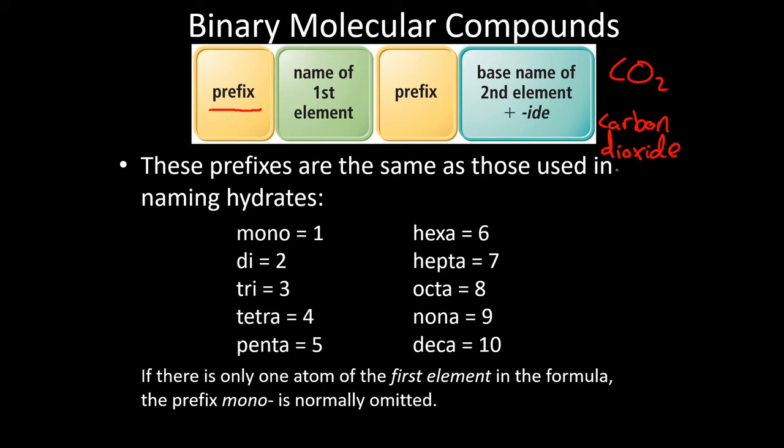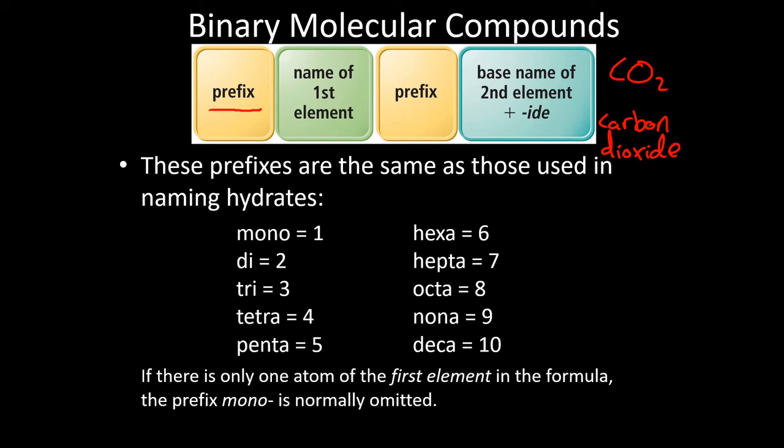It is not monocarbon dioxide. It is just carbon dioxide. If we only have one of the very first element, then we just leave the prefix off, and when you don't see a prefix, you are meant to understand that there is just one of that particular element.